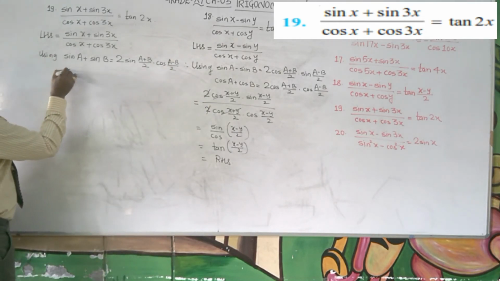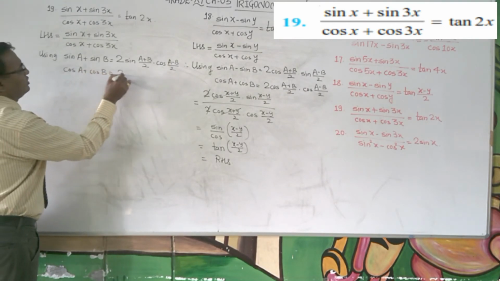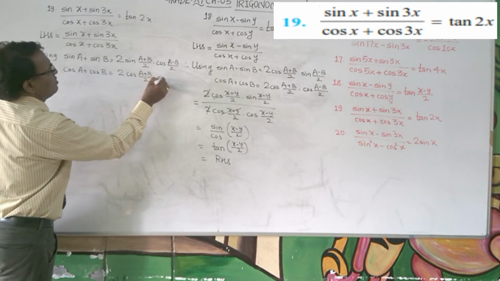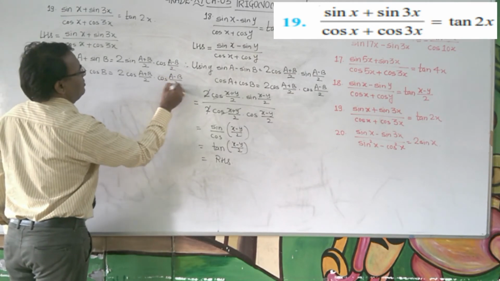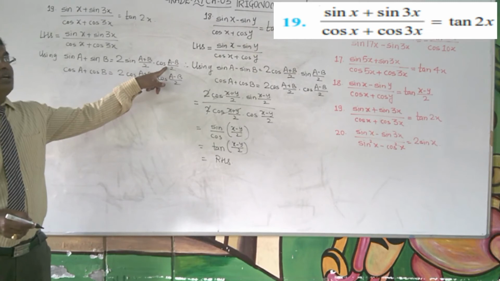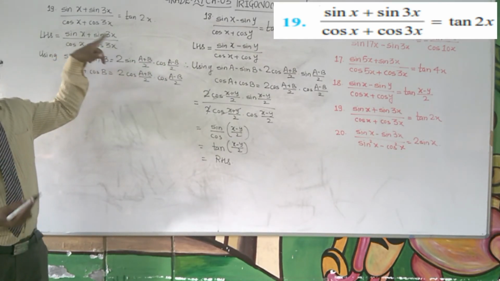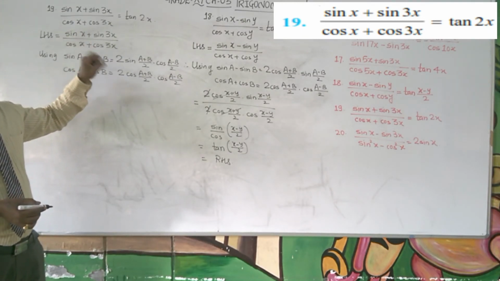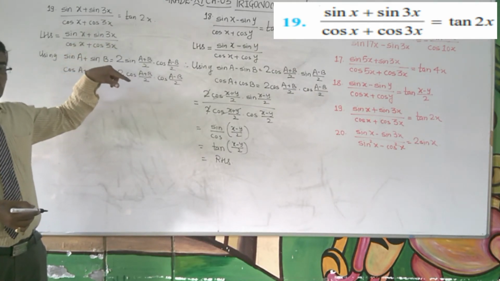And for the denominator, cos A plus cos B is equal to 2 cos (A+B)/2 into cos (A-B)/2. For addition there is no problem, but as soon as you come to subtraction, that is A minus B, so x minus 3x, you will have to deal with negative values, because x minus 3x will become minus 2x.